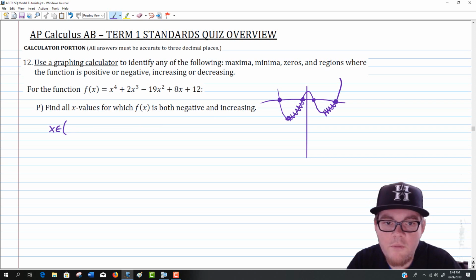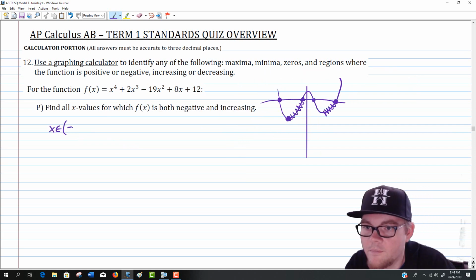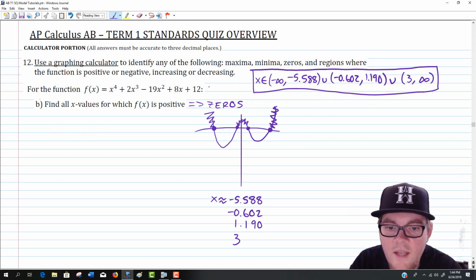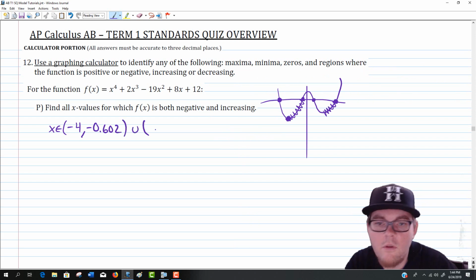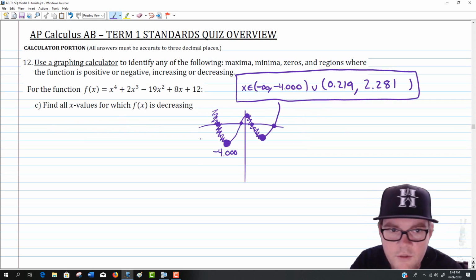So the first one runs from the relative minimum to that second 0. Going on to the previous page, that minimum was at -4. The 0 was at -0.602. That gets us our first interval. Our second interval is going to be from the second relative minimum. I think it was 2.287.